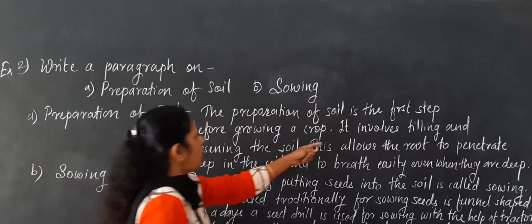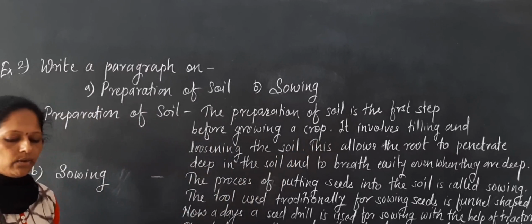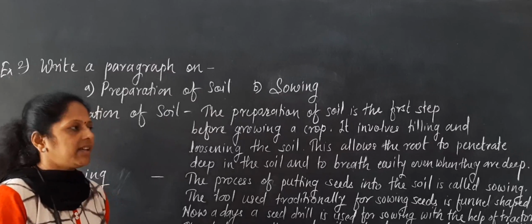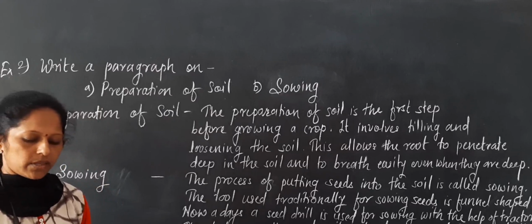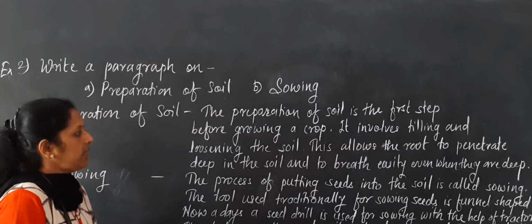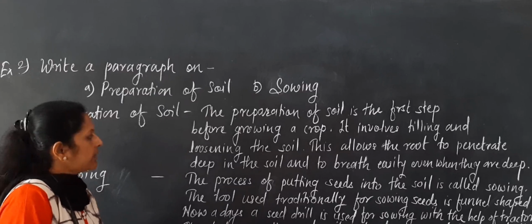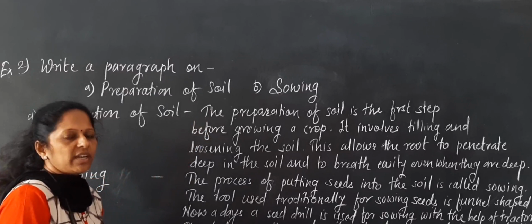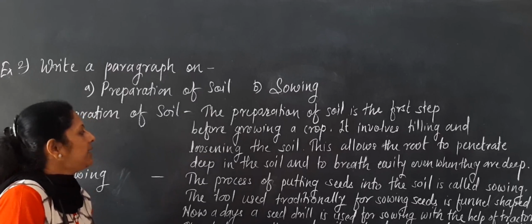And it involves tilling and loosening the soil. Tilling and loosening the soil is very important. Tilling takes place with a plowing machine. The loosening and turning of the soil is called tilling.